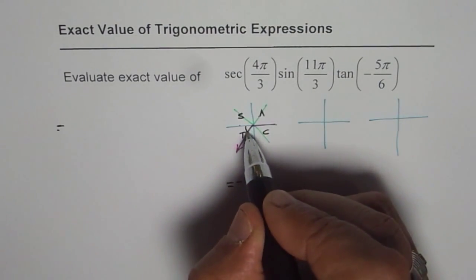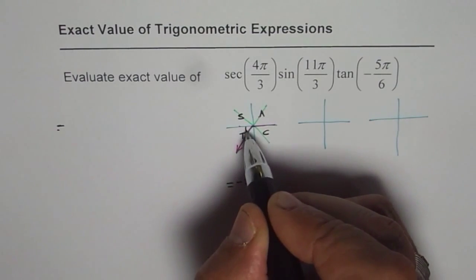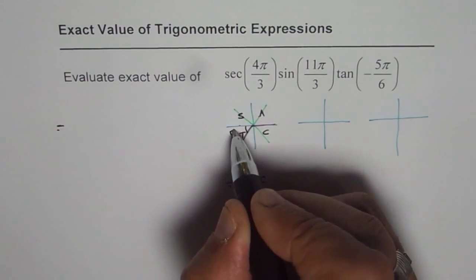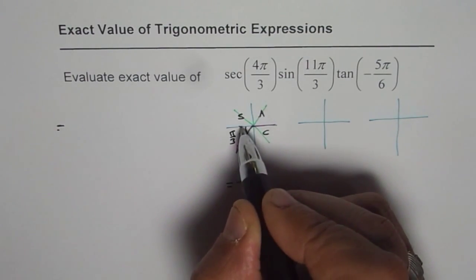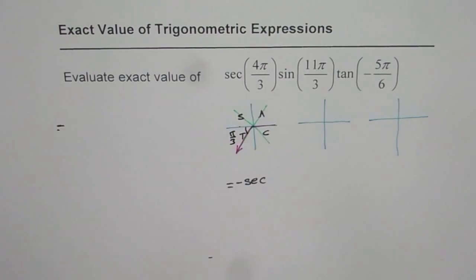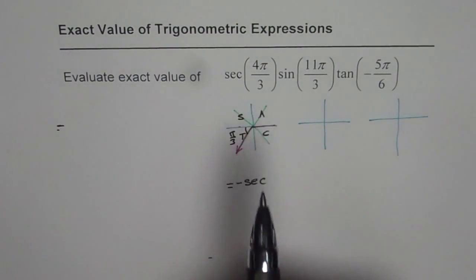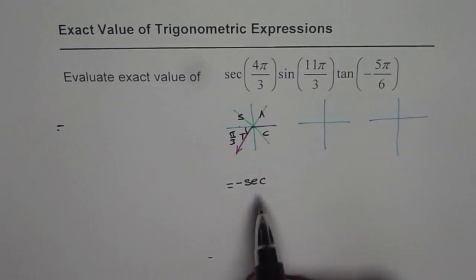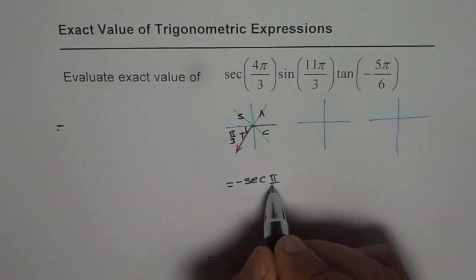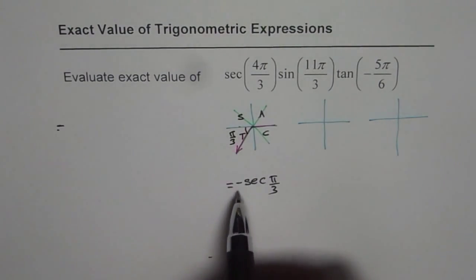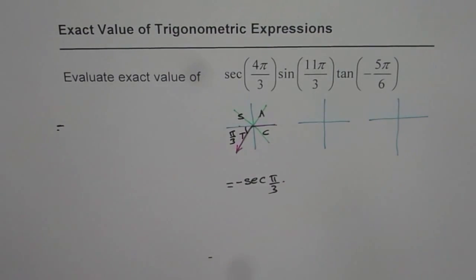The angle which the terminal arm makes with the horizontal is pi by 3. So it is pi plus pi by 3 gives you 4 pi by 3, so you could also write pi plus pi by 3 and then secant pi by 3. Since you are in quadrant 3, it is negative. So that is the first term.